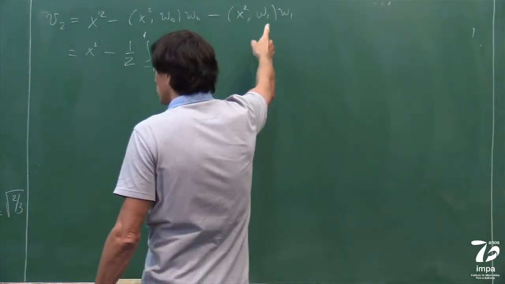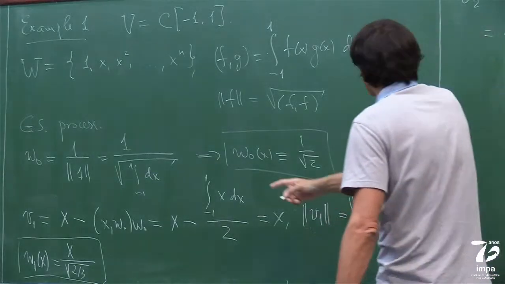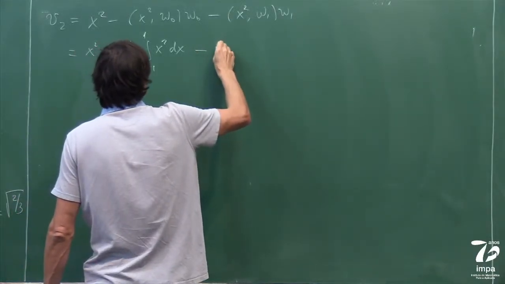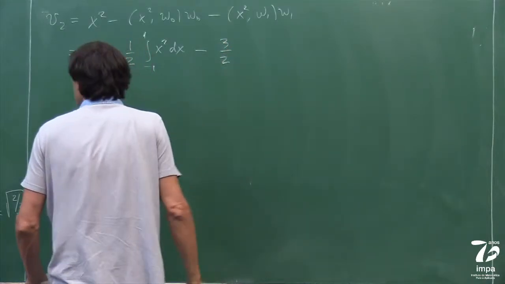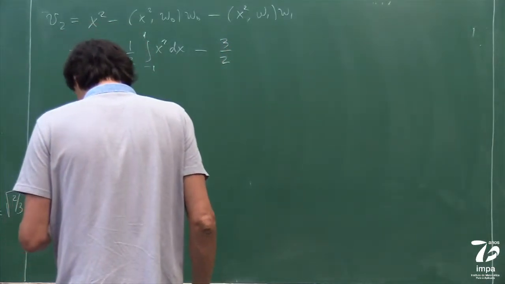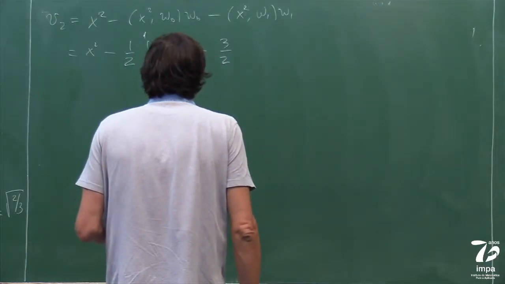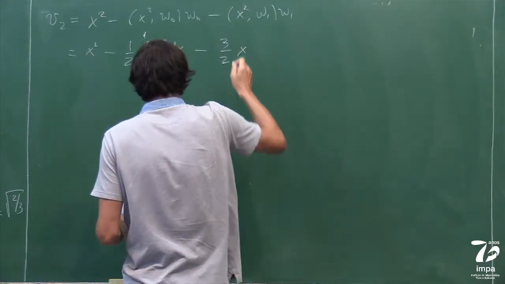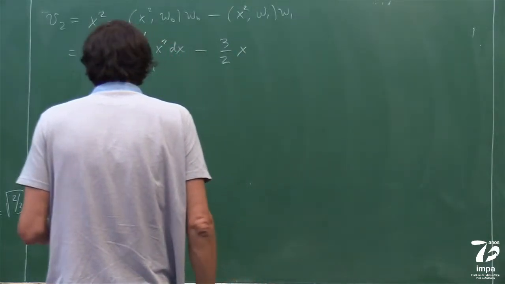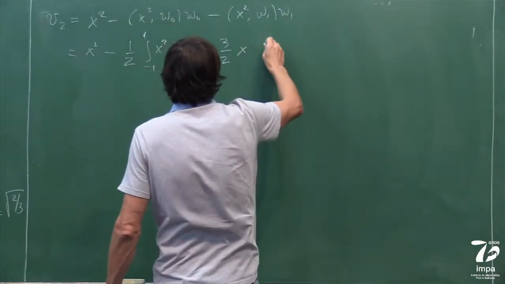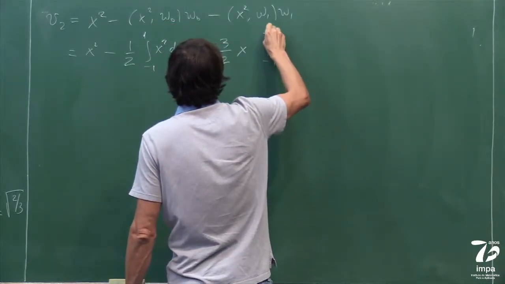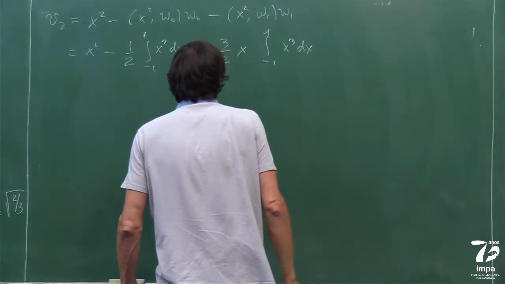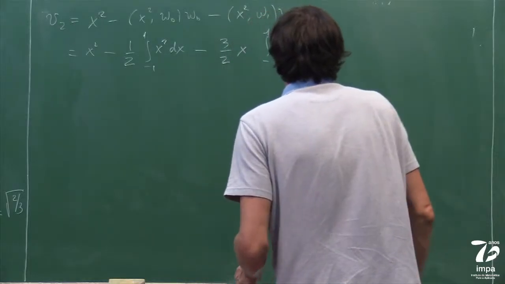And here we have this 2/3, so it would be minus 3/2 times the integral of x squared by x, by x cubed.